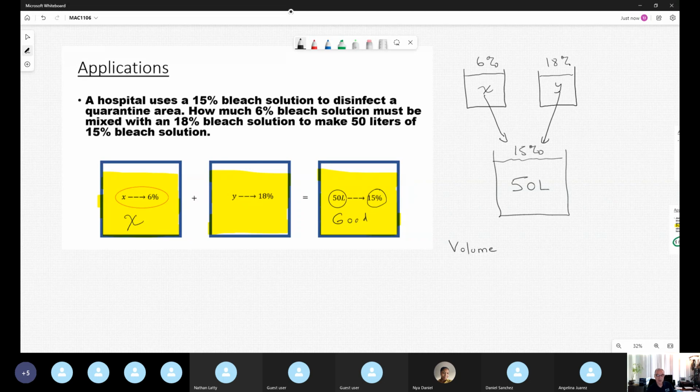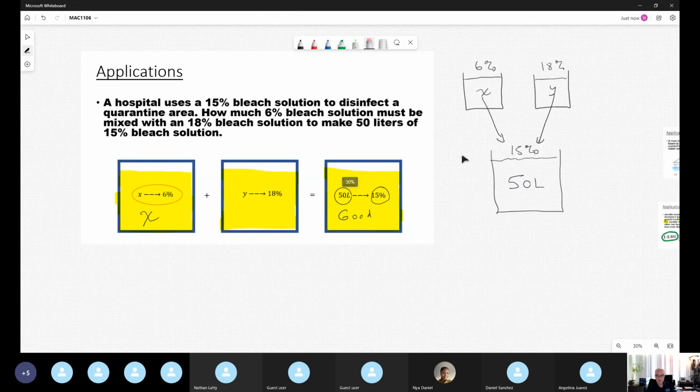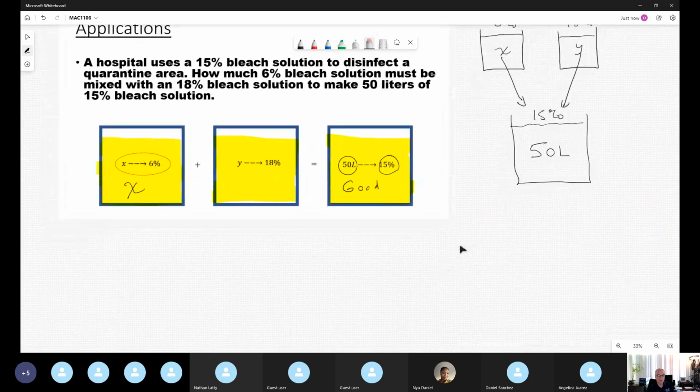The equation for the volume total, that includes water plus bleach, is, suppose the X represents the volume that you're using of this, together with Y, the volume plus, because you mix it, you put together, addition, equal 50.